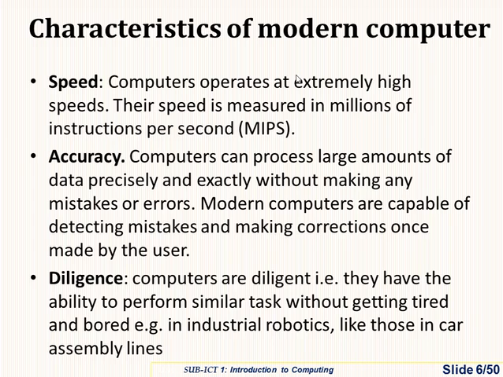You can find that there is a robot assigned simply for tightening the bolts, and it will do that task from morning to morning without complaining. So therefore, computers are capable of doing similar tasks without getting tired and bored.